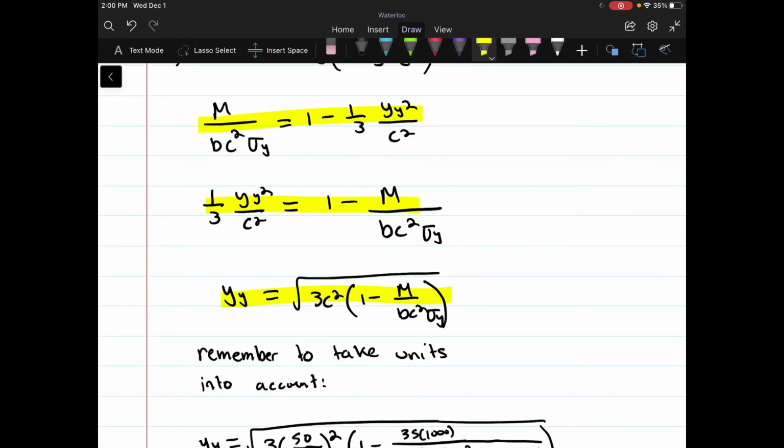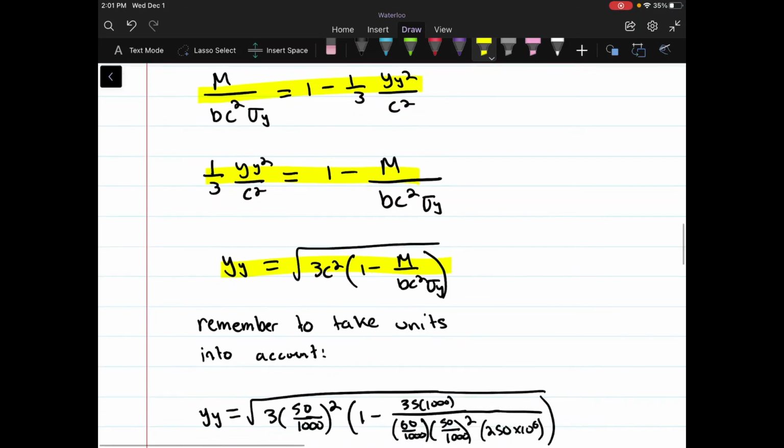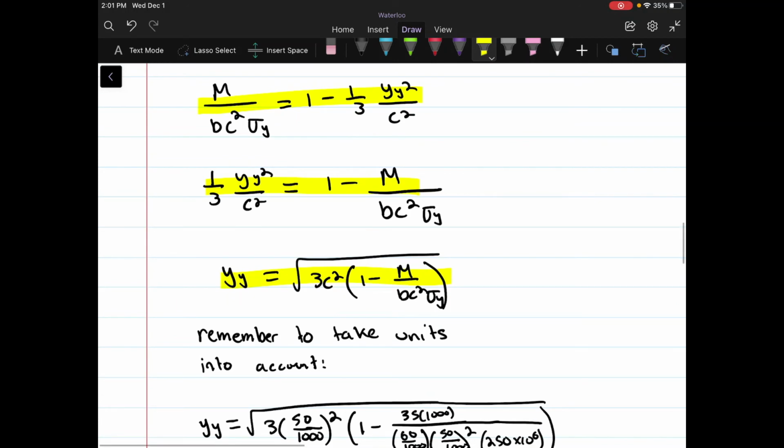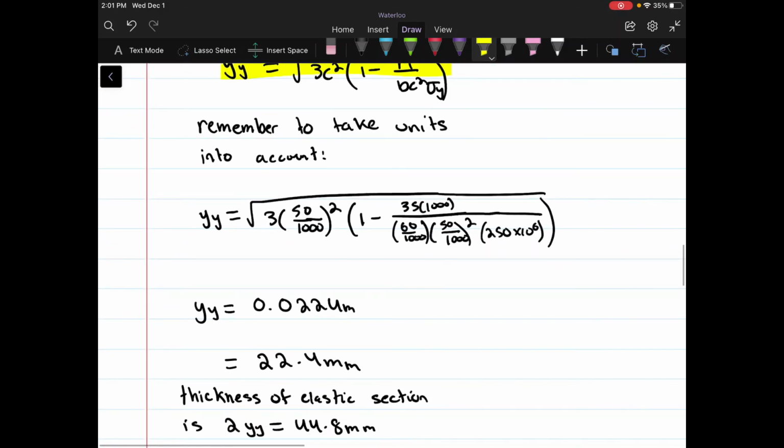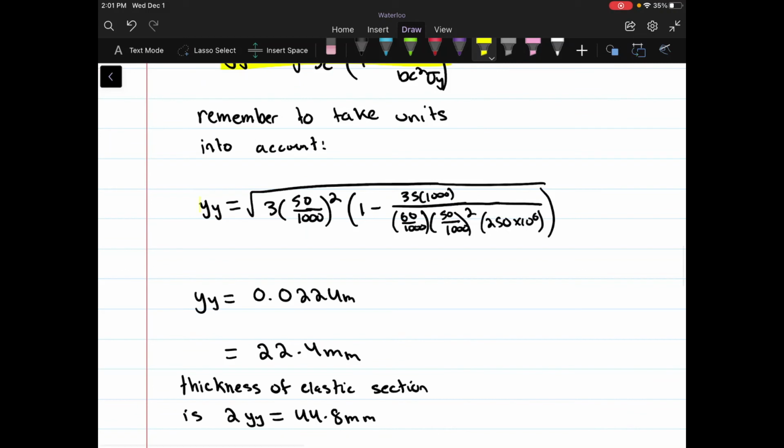Once we isolate for the thickness, we can sub in our given values to solve for the thickness. Remember to take into account units as they are not consistent in this question. In this example, we will be converting all the units to standard units. This is shown over here.